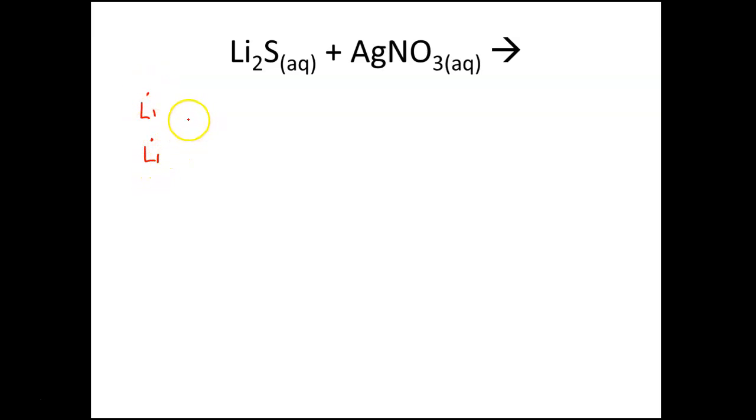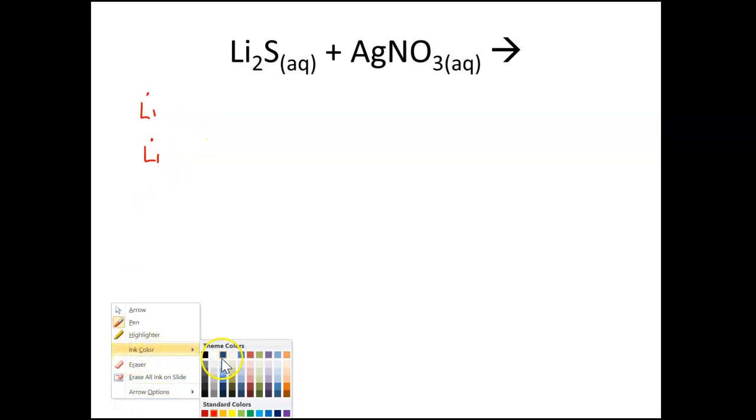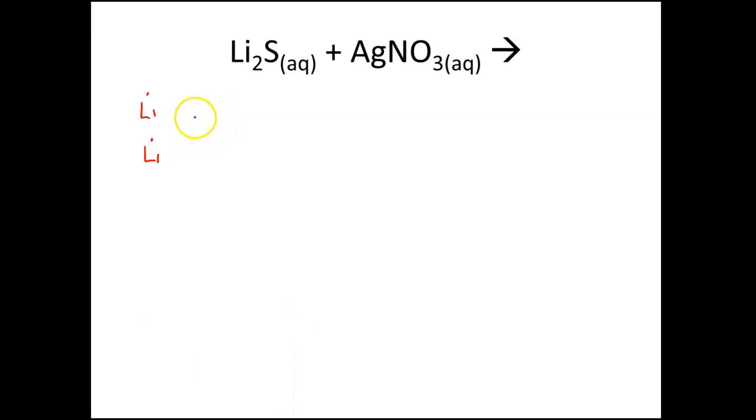And then if I look at sulfur, I'm going to put sulfur as a blue chemical. The reason I'm using blue is that lithium is a cation and sulfur is an anion.